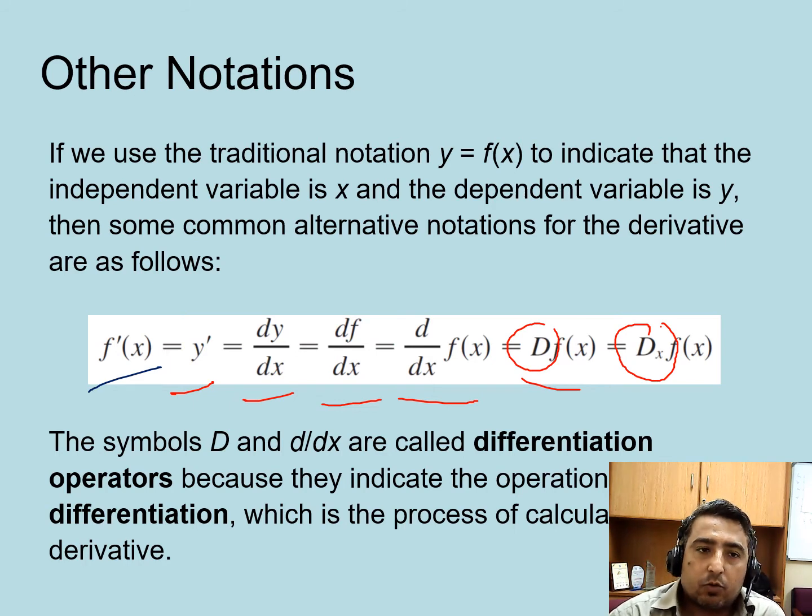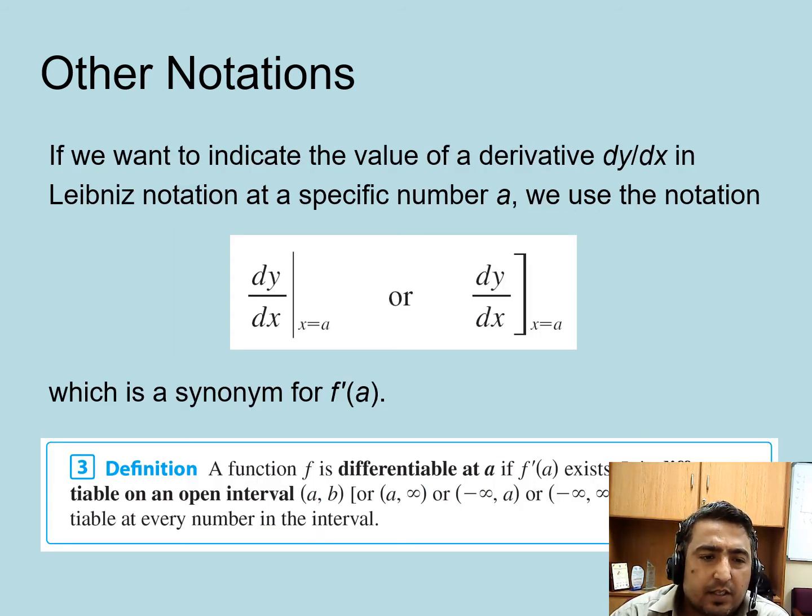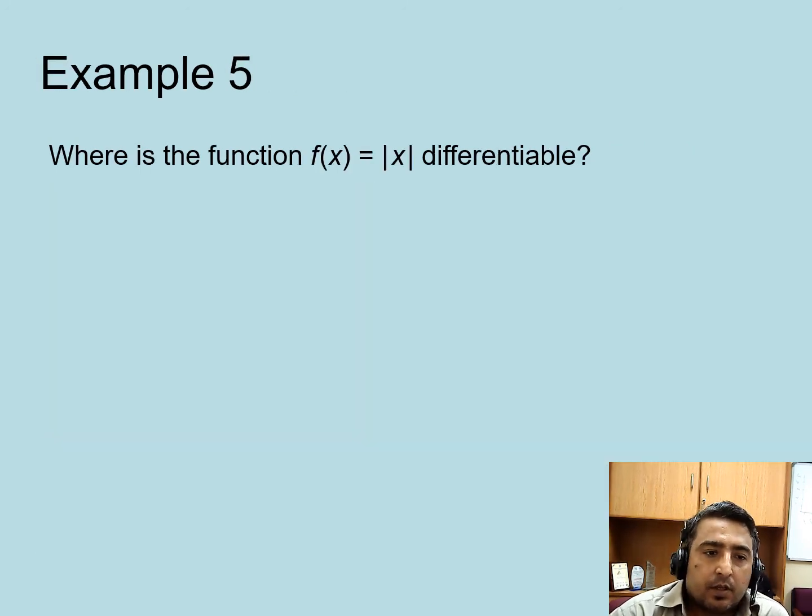Whichever you like, you may use. In different books you will find many different notations. And classically, this is also the rate of change of y with respect to the rate of change of x. This is also a matter of notation, and this is the notation when we have to compute the derivative at particular points. You just draw this line and say such that x is equal to a, or alternatively you also write f prime of a.